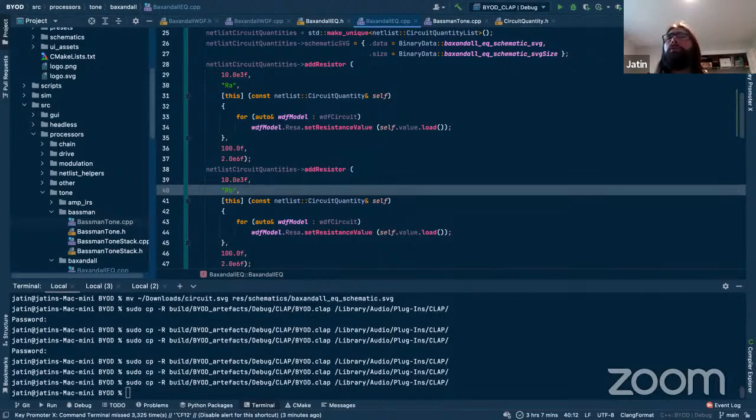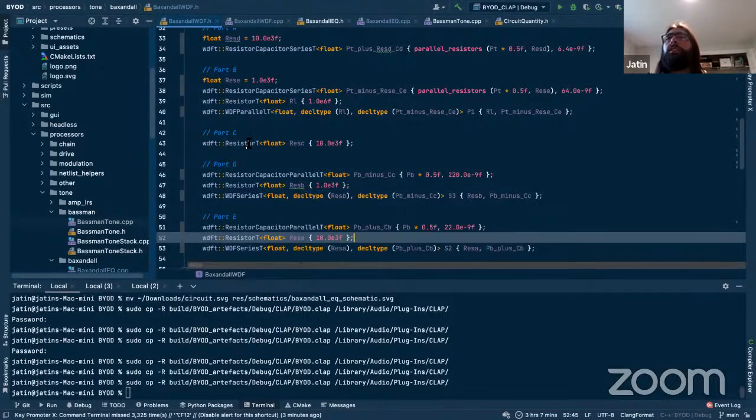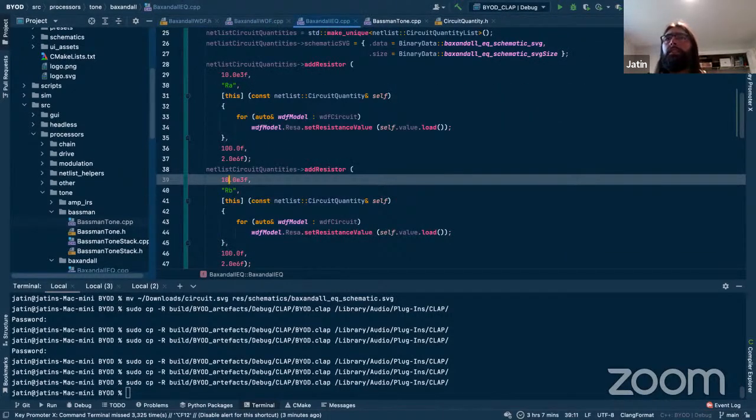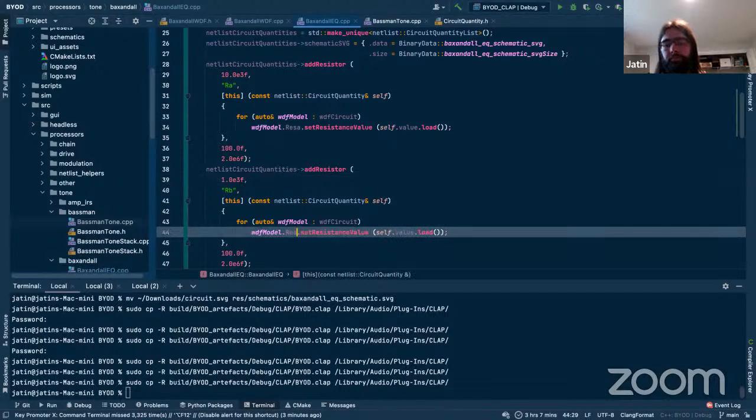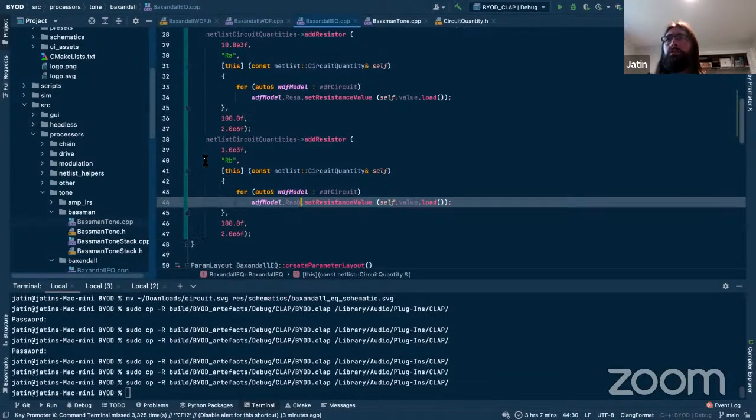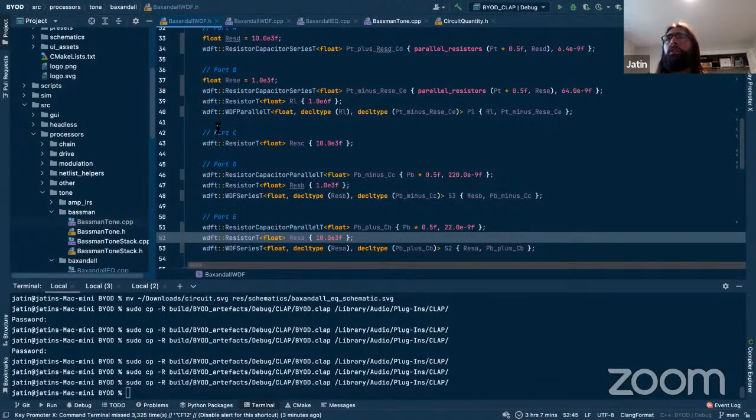We can do whatever we want with it. So next we've got res B. This is 1K by default. And I'll keep the same limits. We can mess with them later if we want.